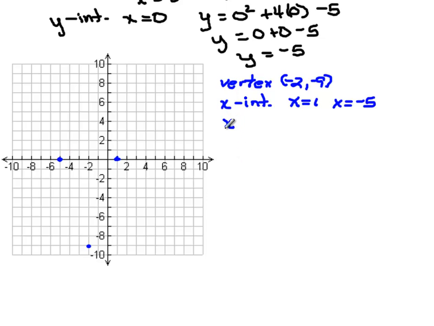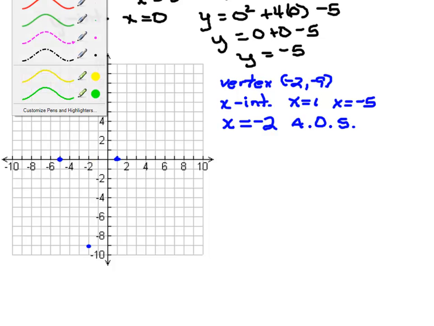I kind of got out of order there because I really wanted to talk about that axis of symmetry. I don't like spelling, and I'm a math teacher and like abbreviations, so I'll call that AOS.